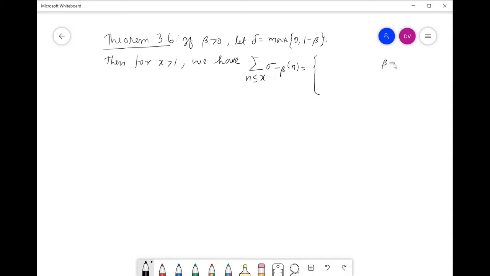One is for beta not equal to 1, and the next is for beta equal to 1.